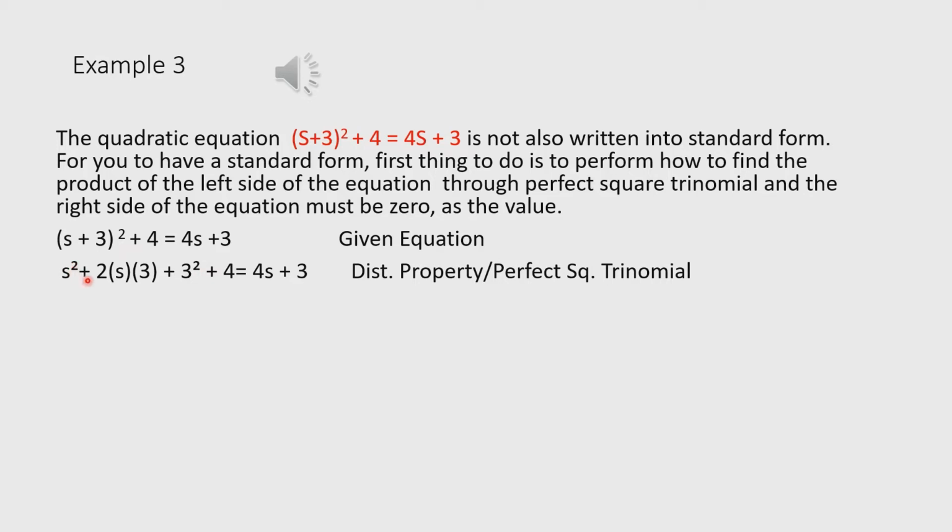This is what we call the perfect square trinomial, taken from the first term of the quadratic equation, where the rule is the square of the first term s, plus twice the product of the first term s and the second term 3, and then the square of the second term.